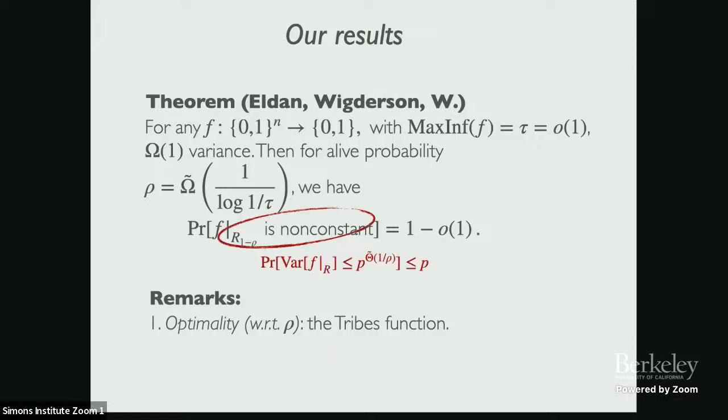Another thing I want to mention is that I only said the restricted function is non-constant, but you can also say how non-constant it is. In terms of variance, even after the restriction, your restricted function will be somewhat balanced, and this matches the behavior of the majority function. So in this sense, we give a tight analysis of the behavior of the variance.